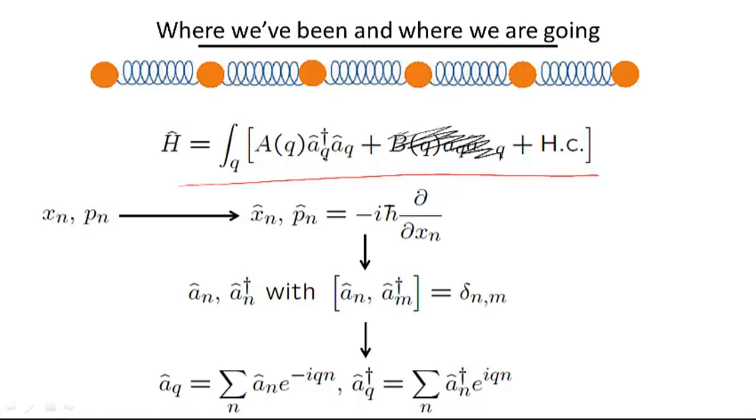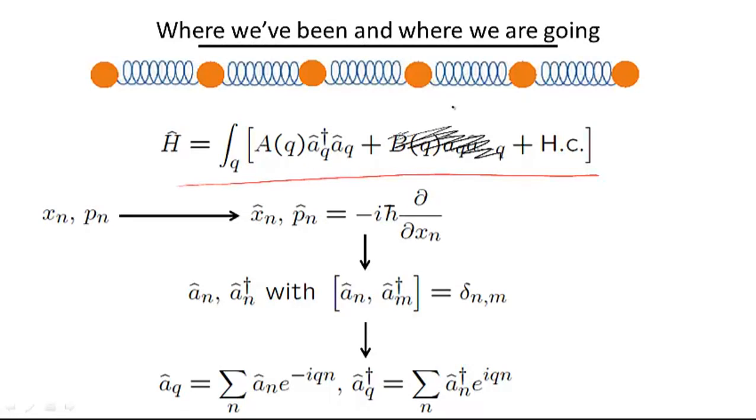For each q we have a simple harmonic oscillator, such as in the previous lecture, and we know its spectrum. Now we just collect these oscillators and write them as an integral, so this is essentially already a solution. Therefore this a of q, or more precisely, due to the Hermitian conjugate part, twice a of q, would have been the spectrum of our problem, the spectrum of these quantum phonons.